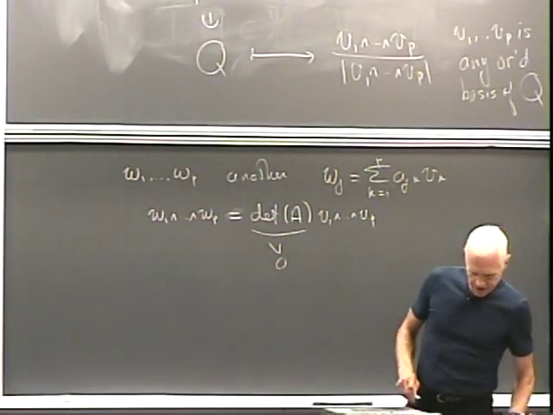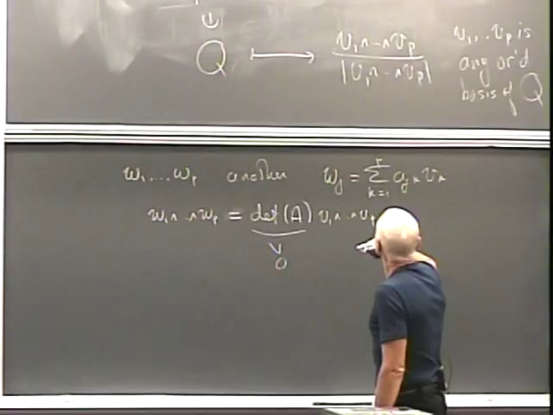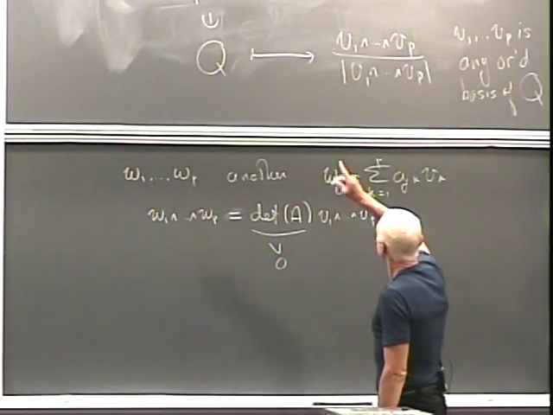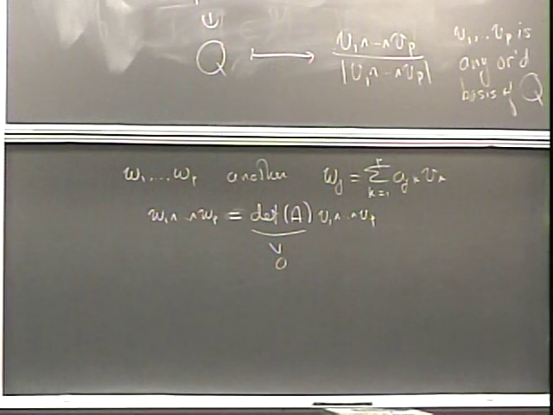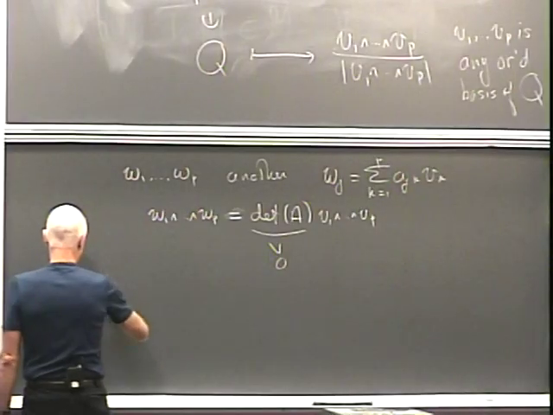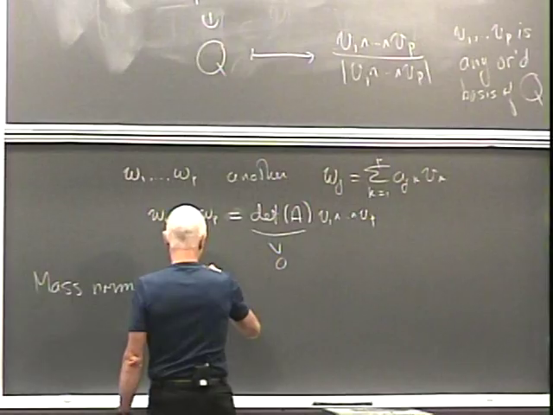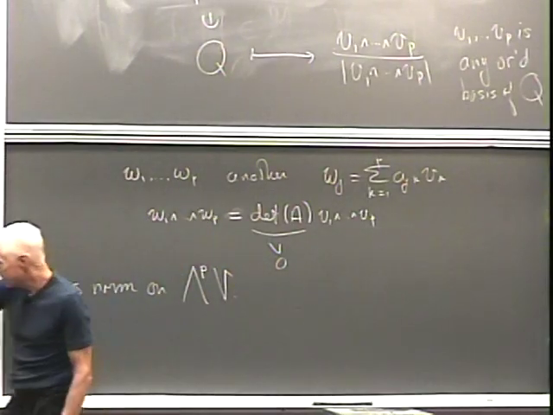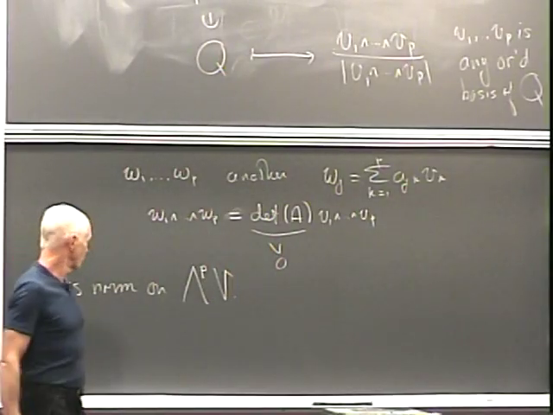The reason I'm doing this is that I want to think about a norm on the space that corresponds to this geometry, that really singles out the simple vectors. There's something called the mass norm on this vector space, which is not the L2 norm.